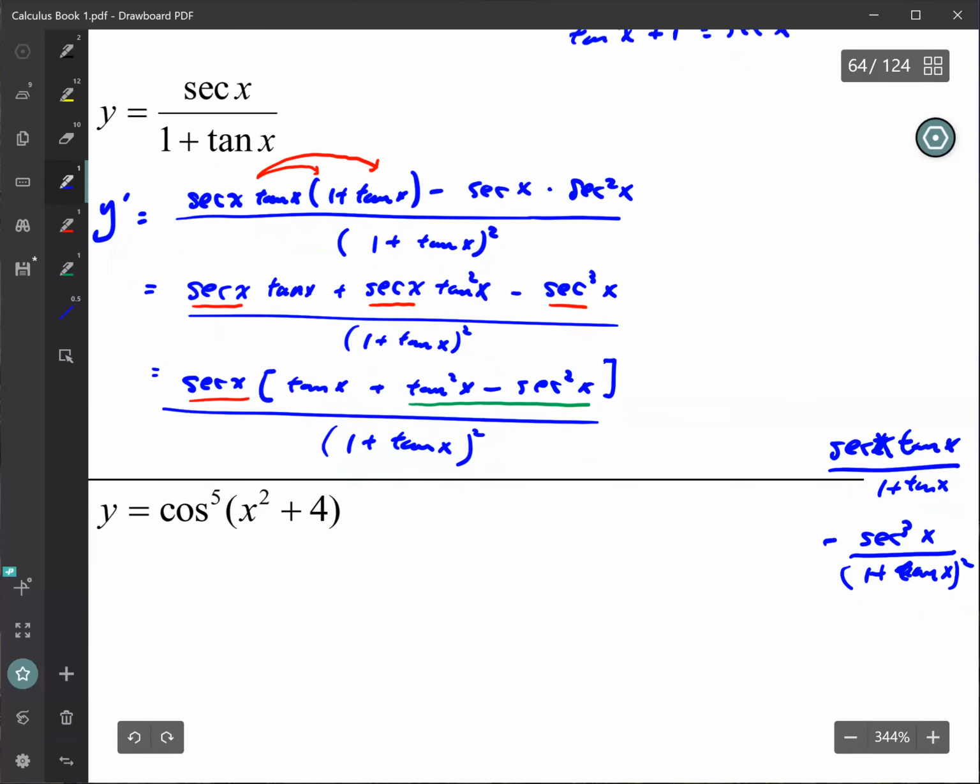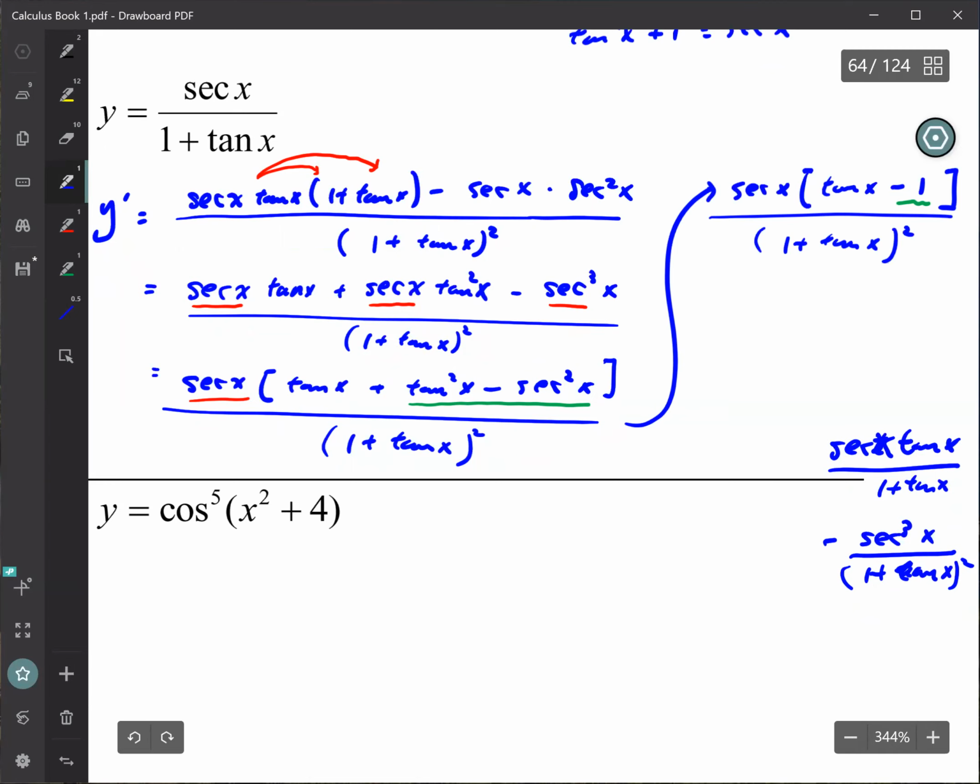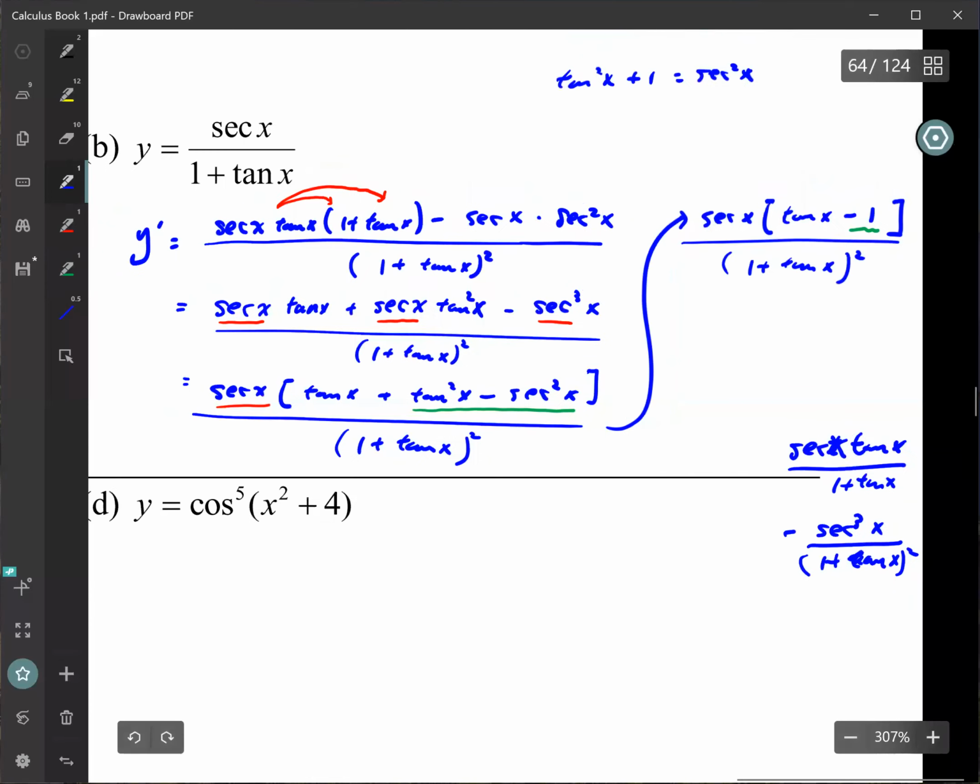So over here, the green part will become negative 1 because of the square identity, over 1 plus tangent squared. I think that's shorter, right? Better here. Any question, or any mistake I made?